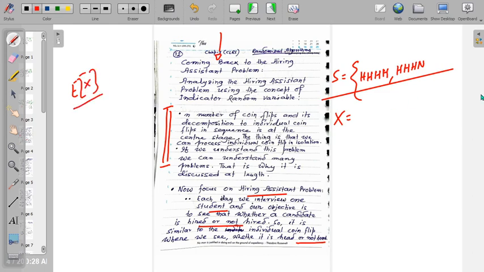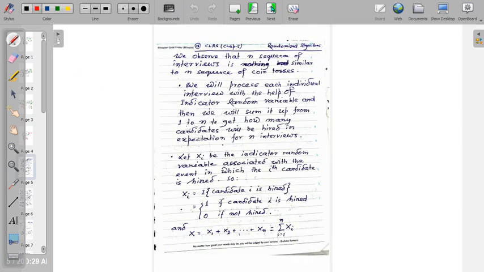The other way is to decompose the n interviews into simpler ones. We concentrate on the ith interview, and it becomes exactly a single coin flip experiment. We are looking at whether the ith guy who is being interviewed right now is hired or not hired.